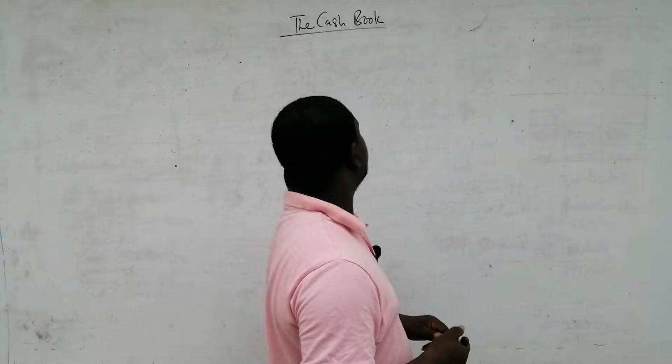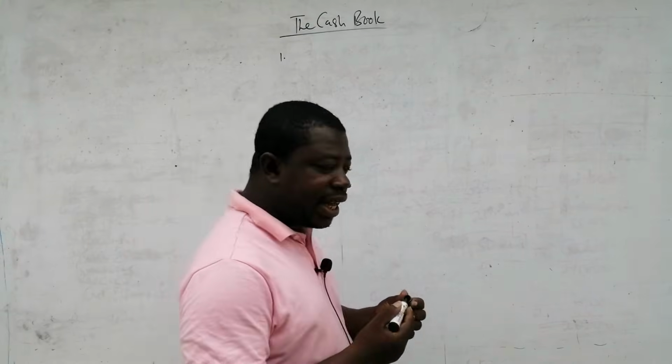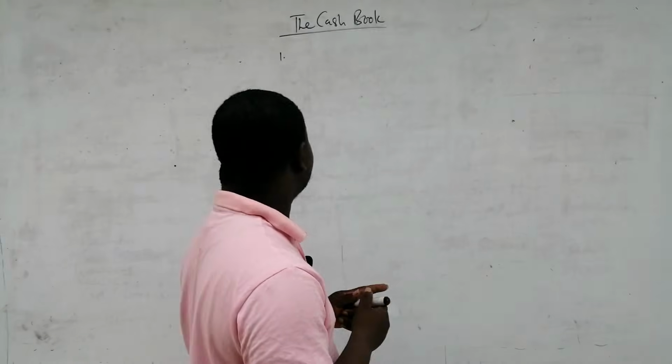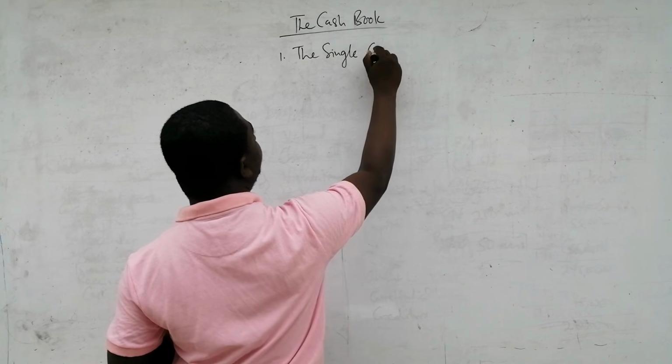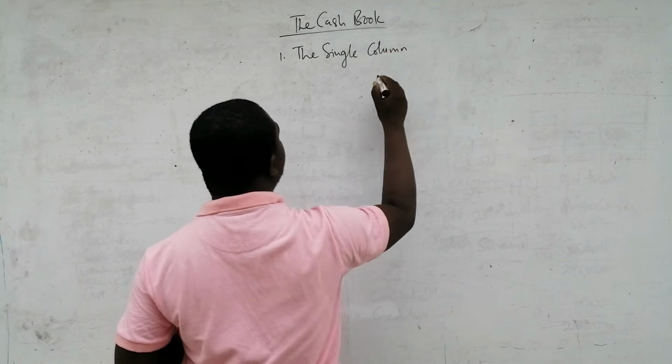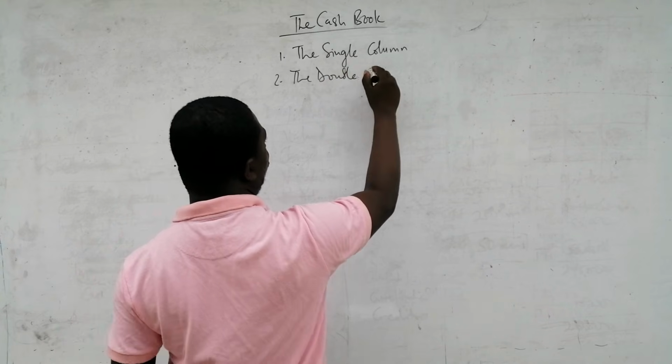So I want to also repeat again that we are going to talk about three different main levels of the cash book. The main cash book has the single column cash book, and then we have the double column cash book, which is also called the two column cash book.